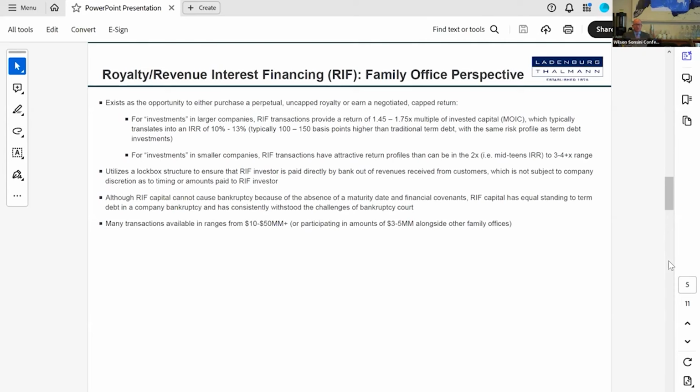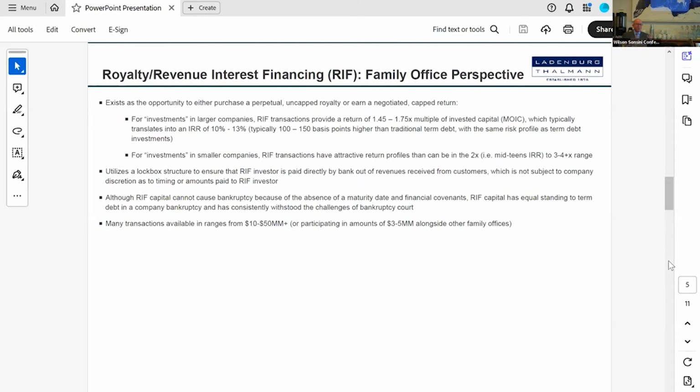So I said in larger companies, the cost of capital, a MOIC of 1.45 to 1.75, translates into an IRR between 10 and 13%. For smaller companies, the RIF transactions have an attractive return profile that starts in the mid-teens.